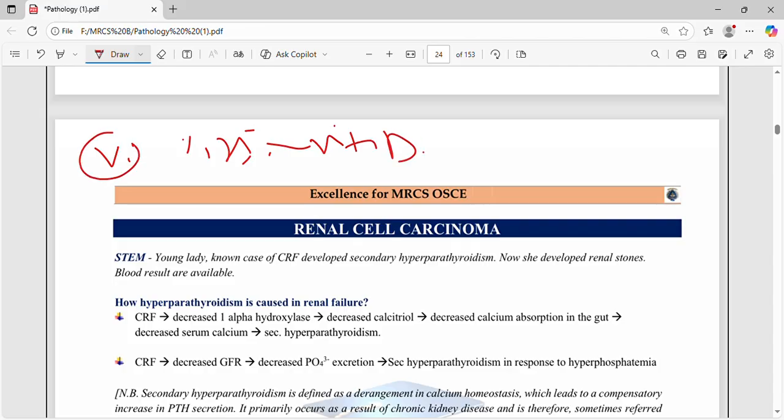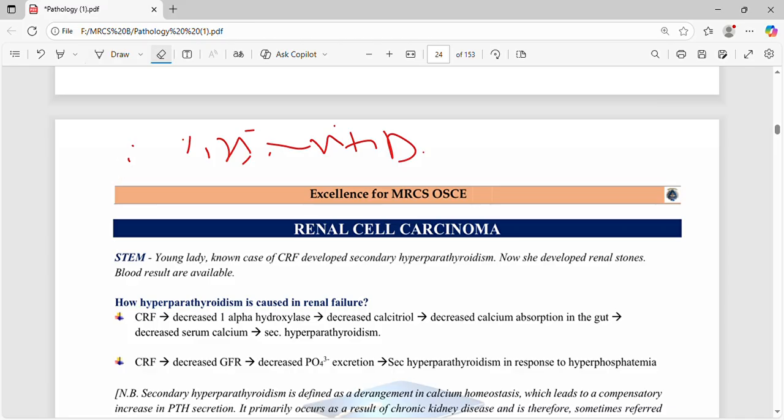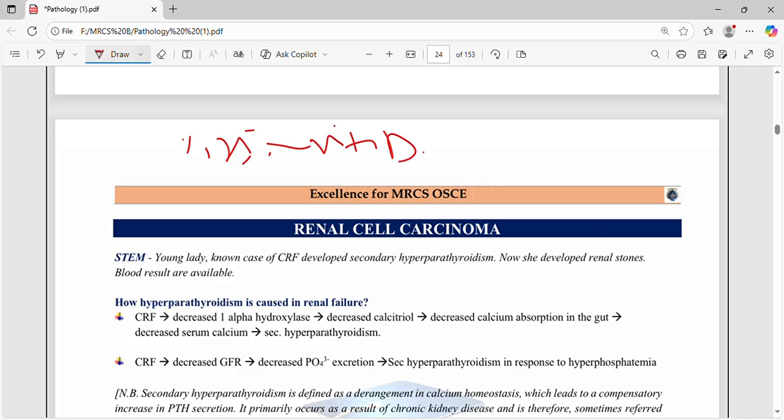To activate vitamin D into its active form, we have two stages. The first stage is that the 25 is added in the liver, and the 1 is added in the kidney.